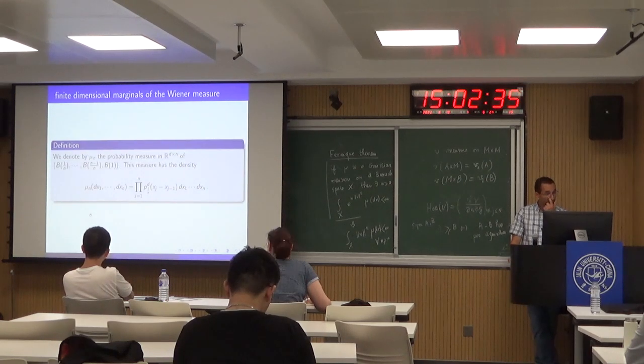Okay, now finite dimensional marginals of the Wiener measure. We denote by mu n the probability measure on R^d times n, where B is always the Brownian motion.